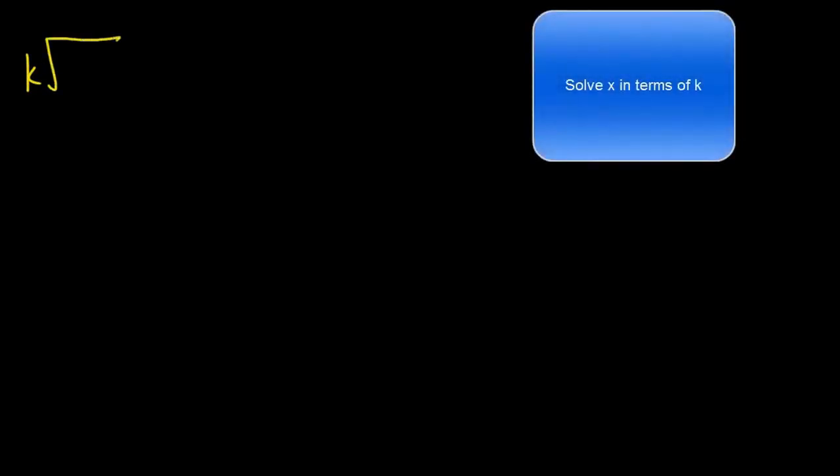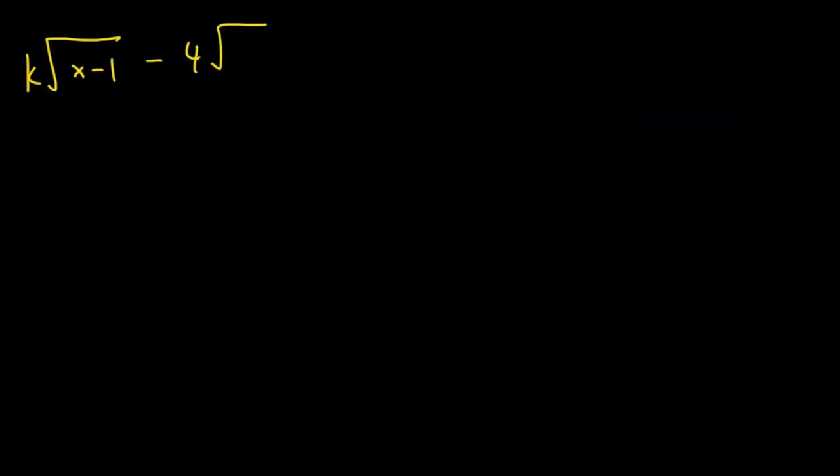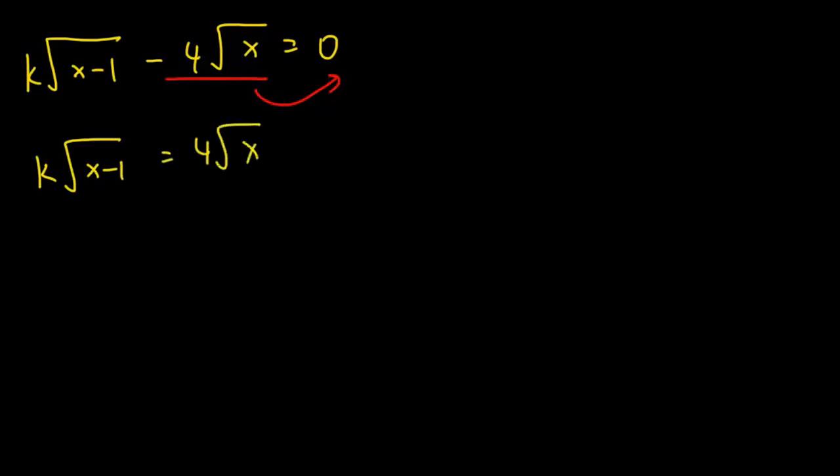So let's try another equation. We have k square root of x minus 1 minus 4 square root of x equals 0. Now we put this to the other side. So that would be k square root of x minus 1 is equal to 4 square root of x.